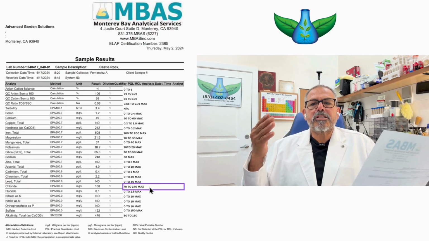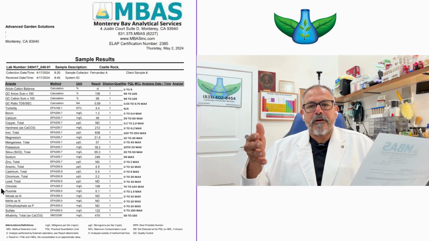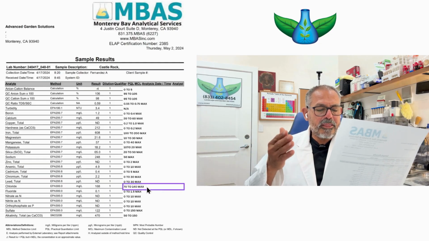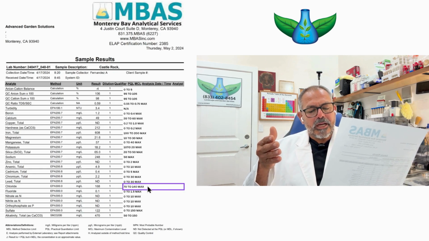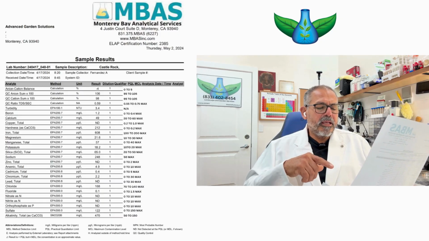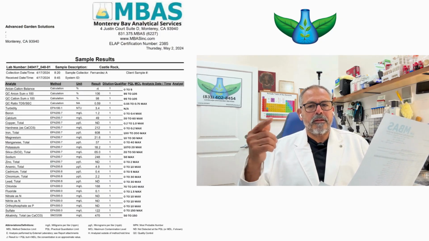Chloride is a naturally occurring element found in many places, and here we have 168 parts per million, which is a little high because ideally it should be between 70 and 140 parts per million maximum.